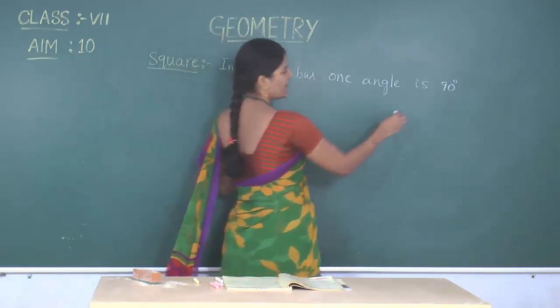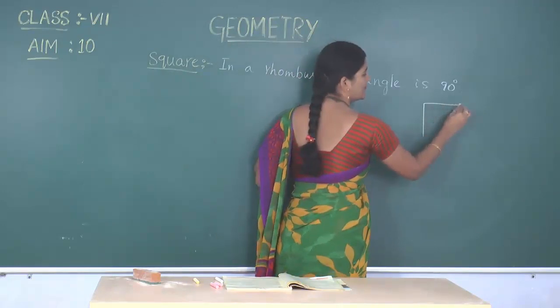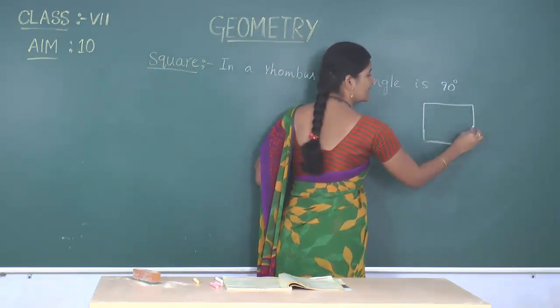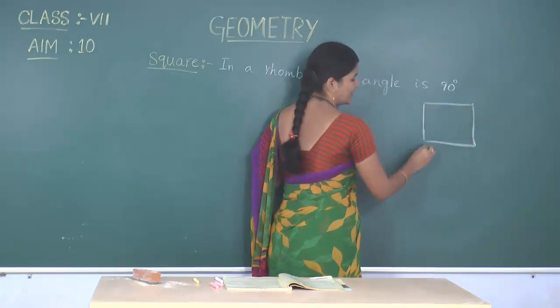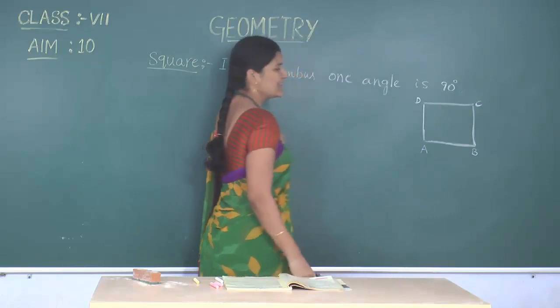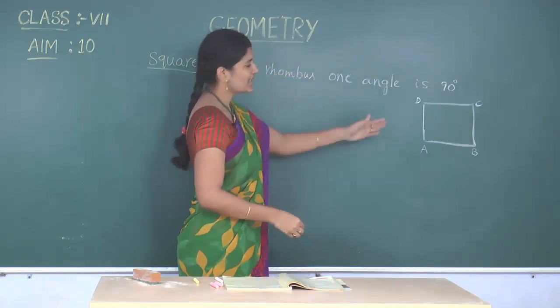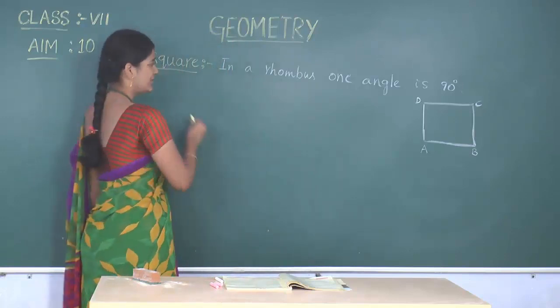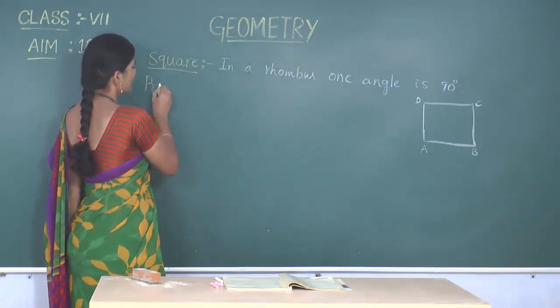How will a square be? Let me draw now. This is the square. Let me give the names A, B, C and D. A, B, C, D is a square. What are the properties of square? Now let me explain its properties.